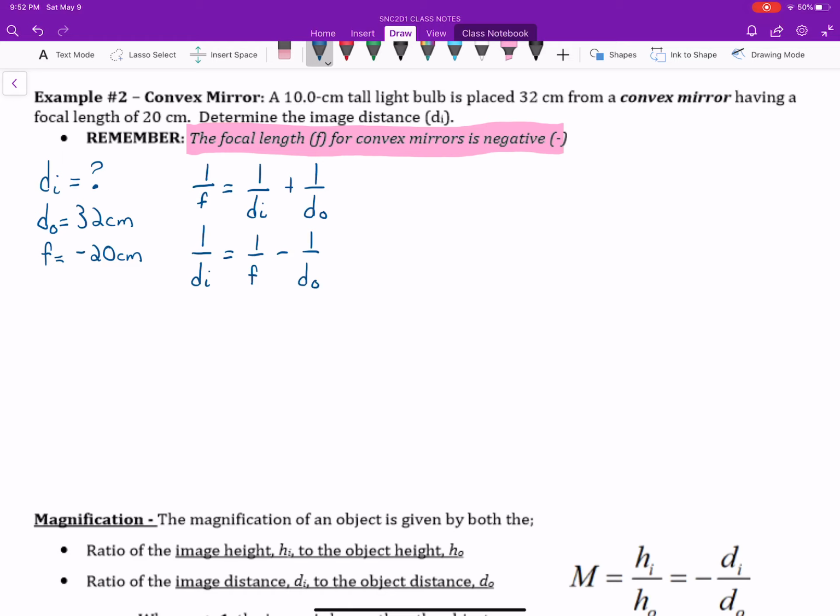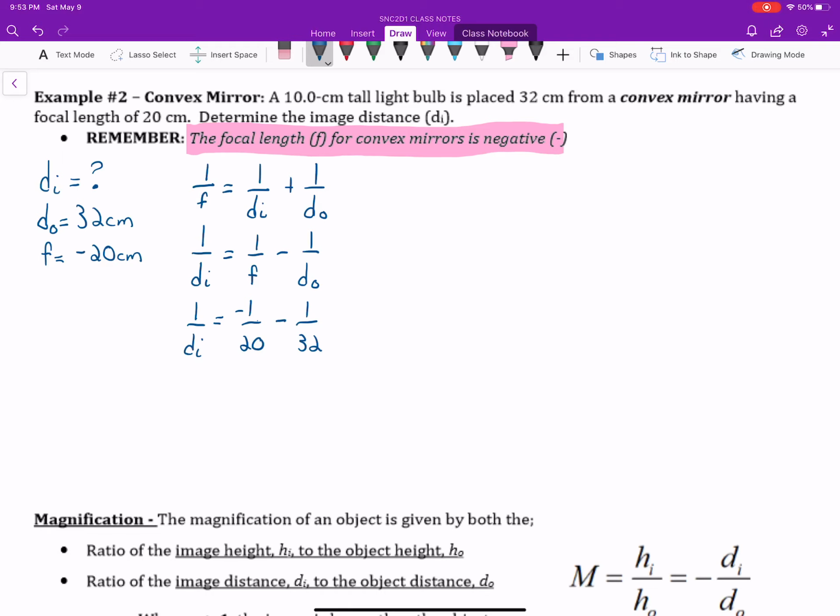Now we can start to plug in our known values. 1 over di is equal to negative 1 over 20. We can move the negative value up to the numerator for a fraction, minus 1 over 32, which is the object distance.